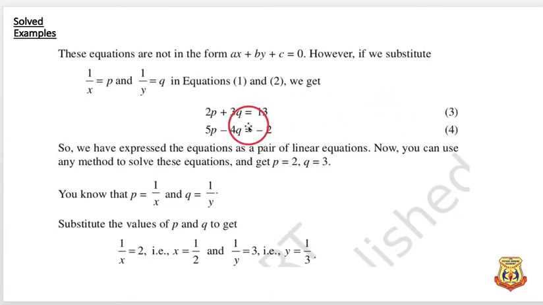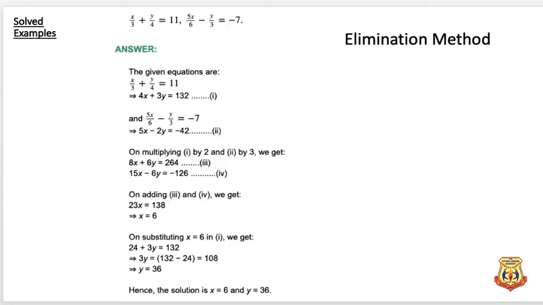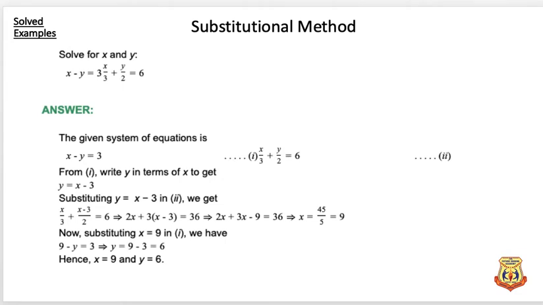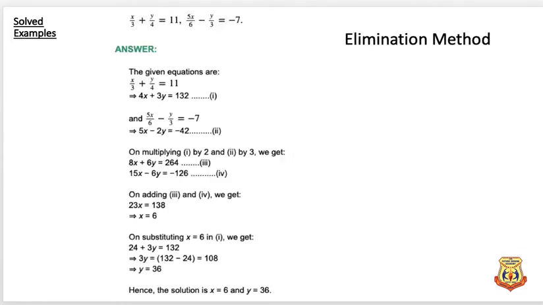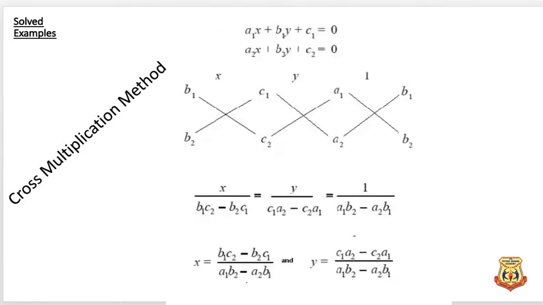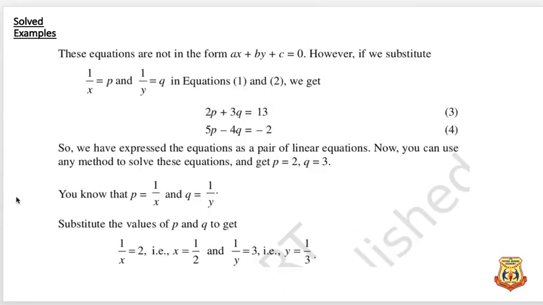So this way we are getting two equations, and now you can use any method to solve these two equations: substitution method, elimination method, or cross multiplication method. Any method you can use.